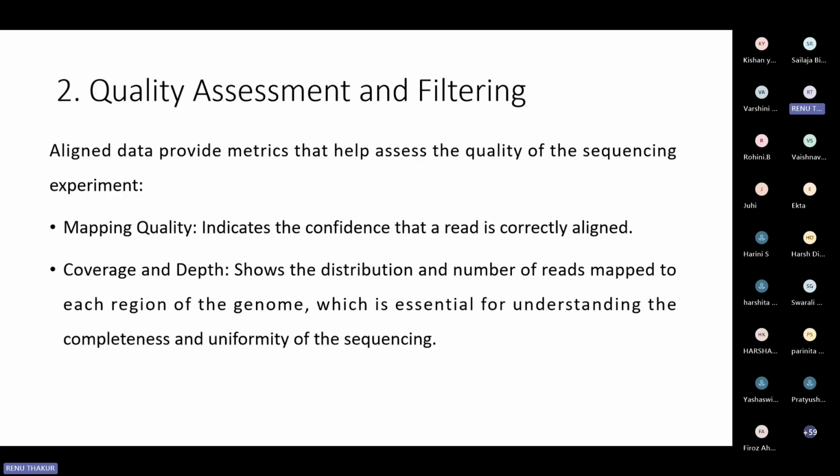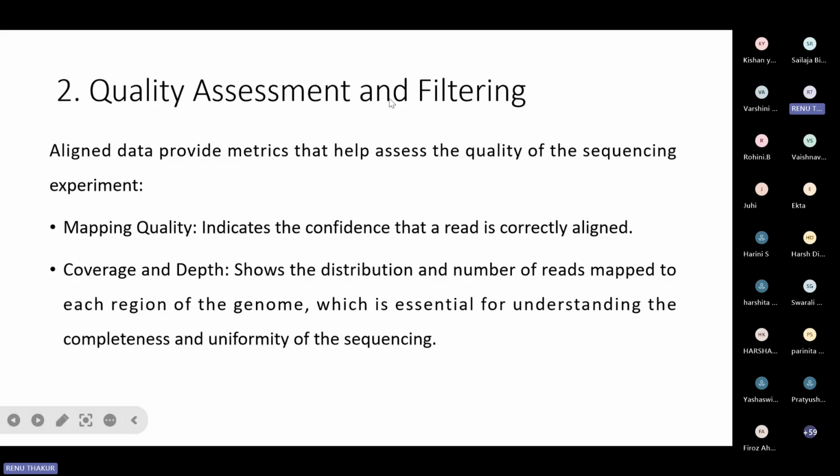The next thing is quality assessment and filtering. This aligned data provides metrics that help assess the quality of the sequencing experiments. Okay, so we can call this the metric unit, where you'll have particular scores when the alignment is done, called alignment scores, so that you would know how well the sequence is aligned and how well it is refined.